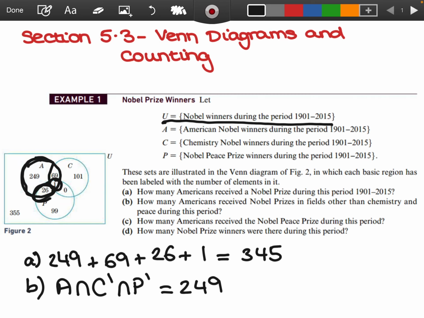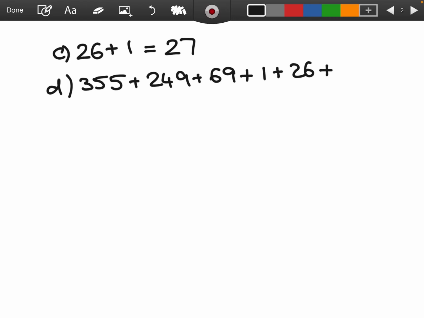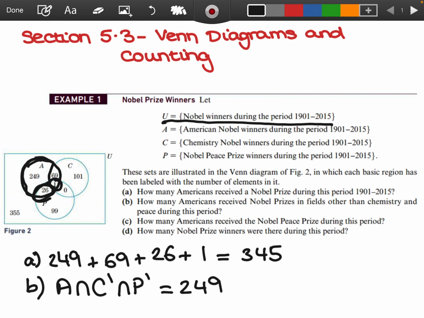So all you would do here is add all of these numbers together, and that would tell you in total how many people won Nobel Prizes in that particular period. So D would be all of these numbers that you see within your universal set. And it actually comes to 900.